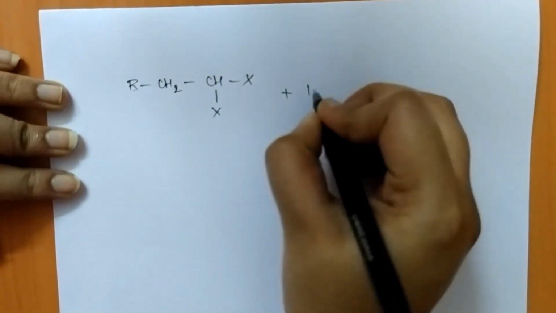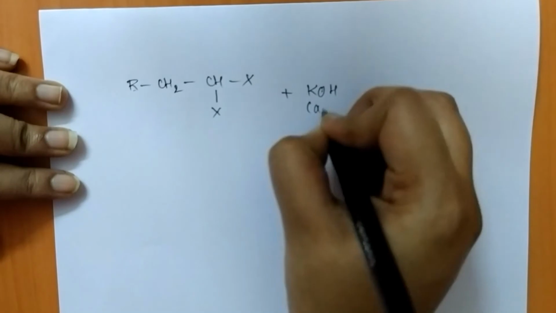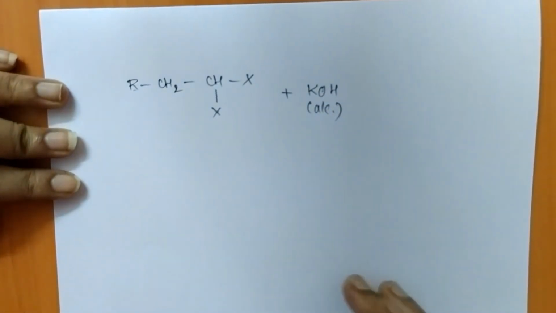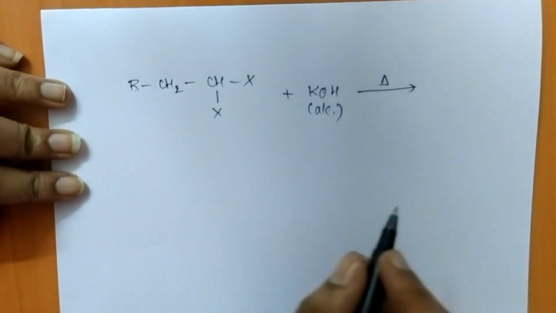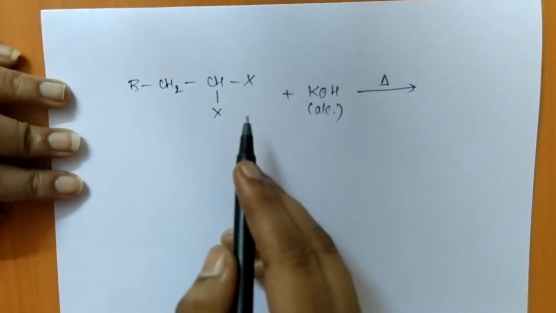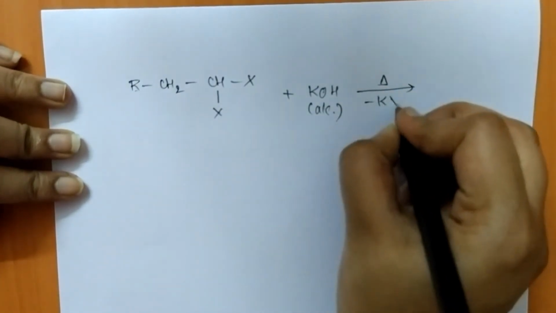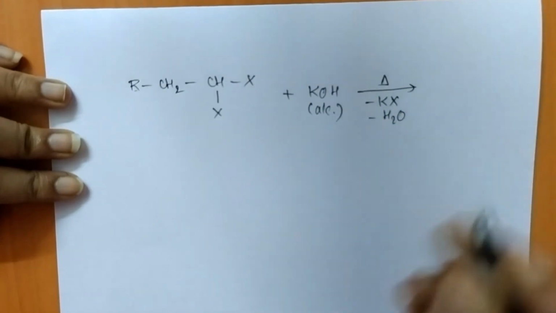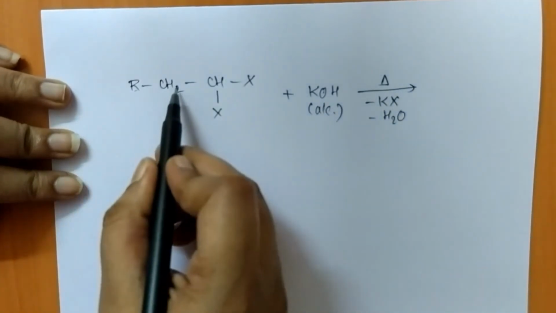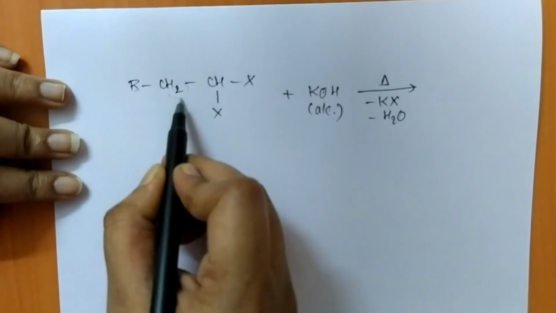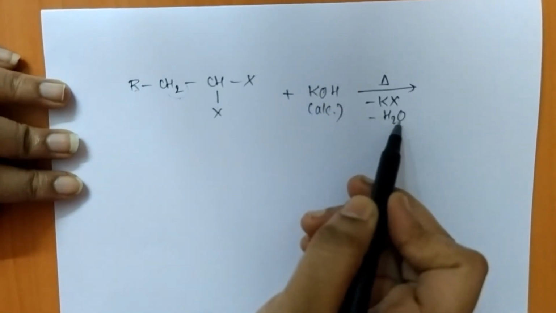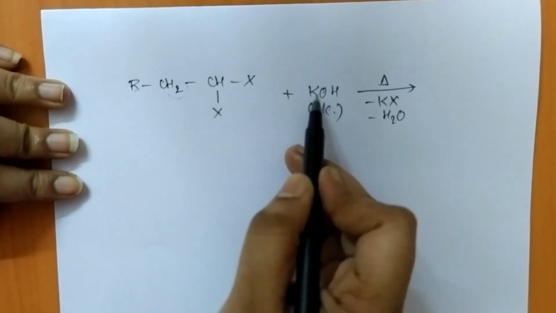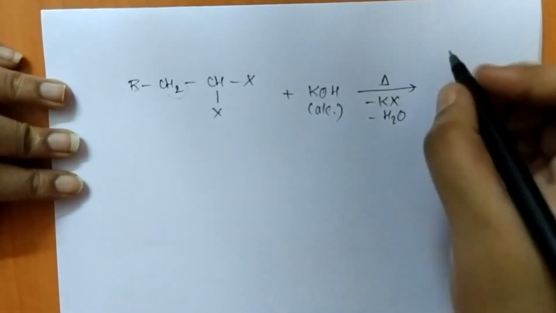This will also react with alcoholic KOH, and in the presence of heat it is going to undergo an elimination reaction. So definitely I am going to get KX and water. The hydrogen atom from here is lost and bonds with OH to give H2O, while the X bonds with K to give KX.